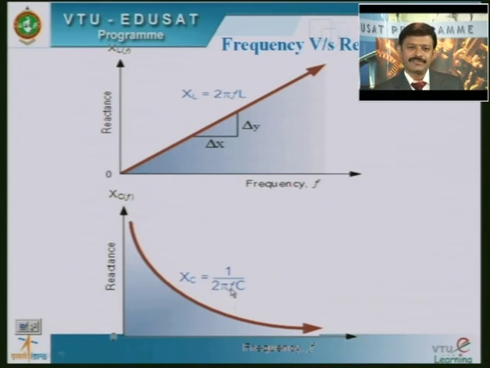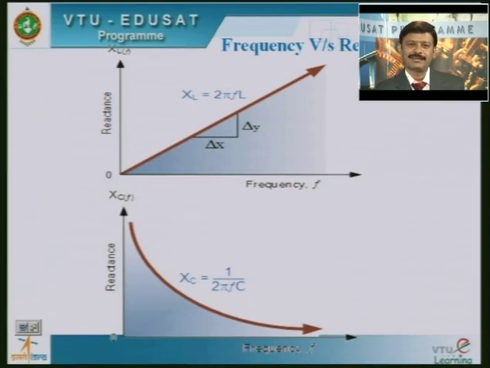As frequency increases, capacitive reactance decreases, so it looks like a hyperbolic curve. When frequency is less, capacitive reactance is more, and the circuit behaves open; later the circuit will become short.